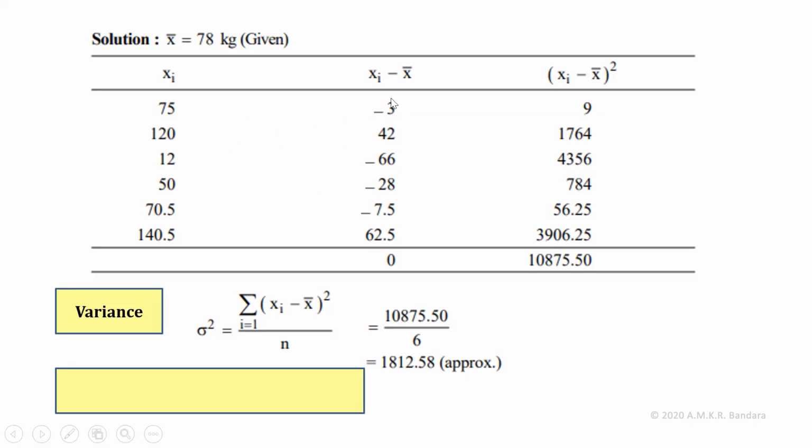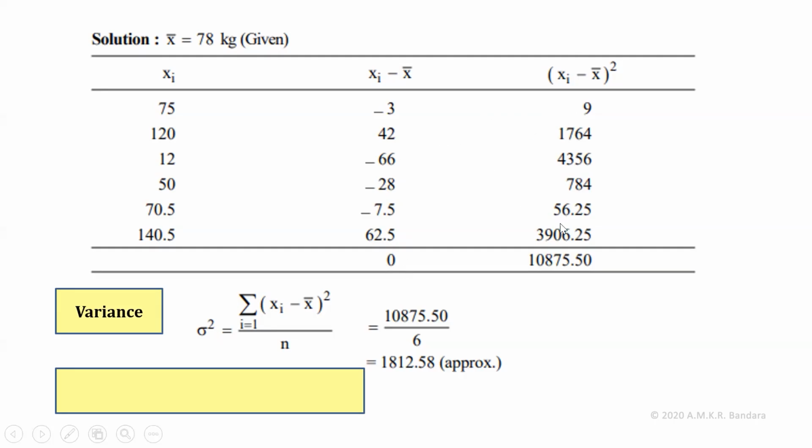Likewise, we have found the deviation of each and every observation from the mean, xi minus x bar. Now, in the variance calculation, we have squared this deviation in order to avoid the total becoming 0.